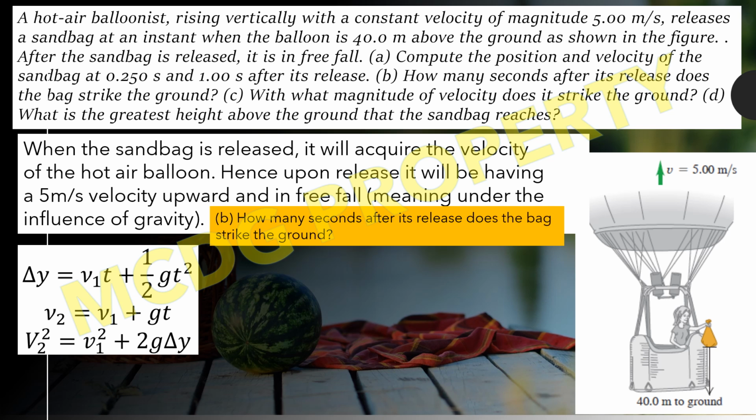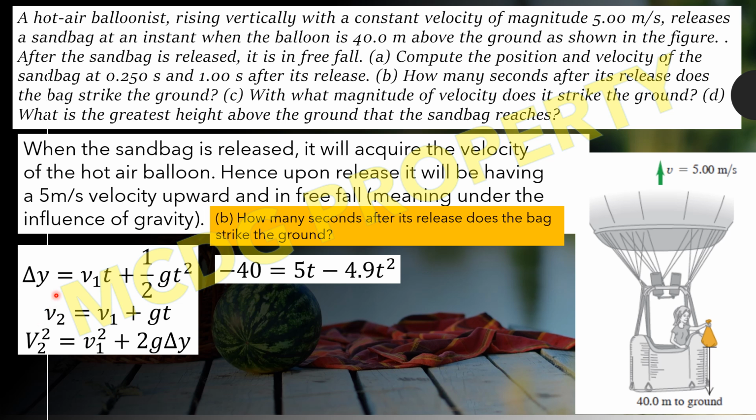Now next is how many seconds after its release the bag strikes the ground. When the bag was released, it was 40 meters above the ground. Hence, when the bag is on the ground, it would have traveled 40 meters below its starting point.